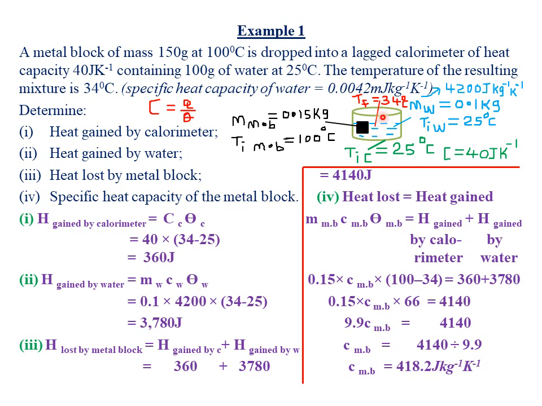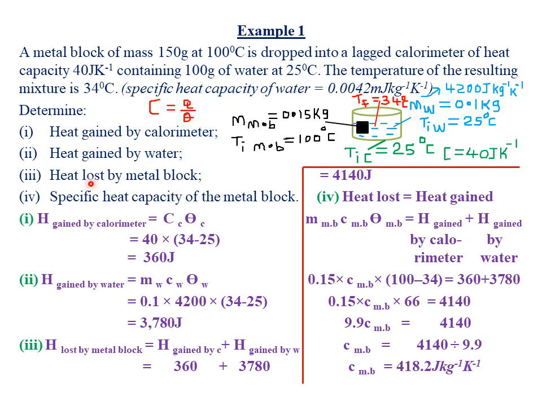We'll simply take the common final temperature, which is 34, and subtract the initial temperature of water, which was 25. Therefore, the change in temperature for water is 34 minus 25. So if you take 0.1 multiplied by 4200 multiplied by the difference of 34 and 25, you'd simply obtain 3780 joules. So that is the heat gained by water.